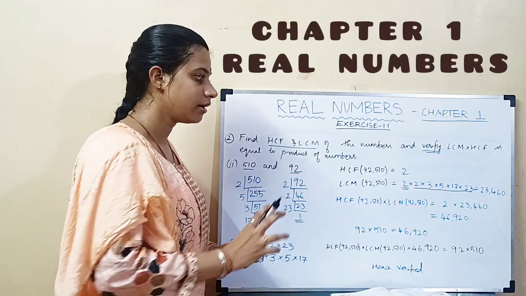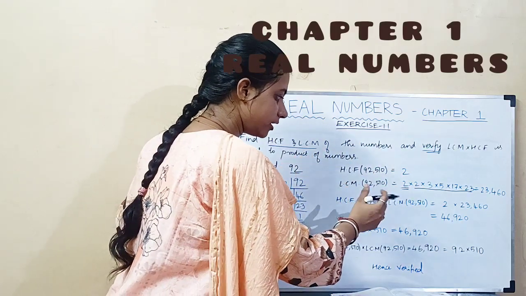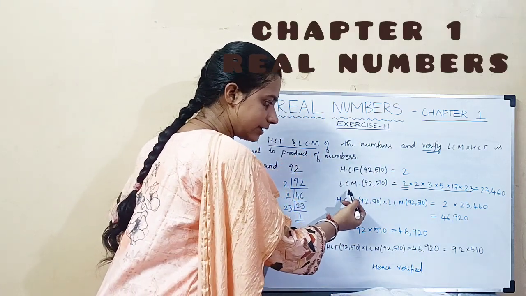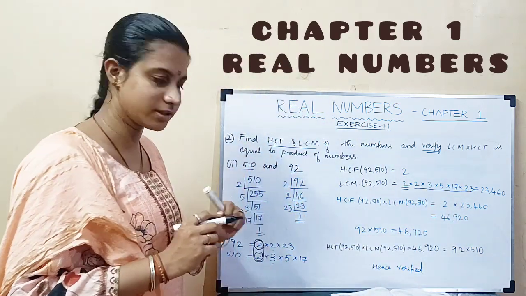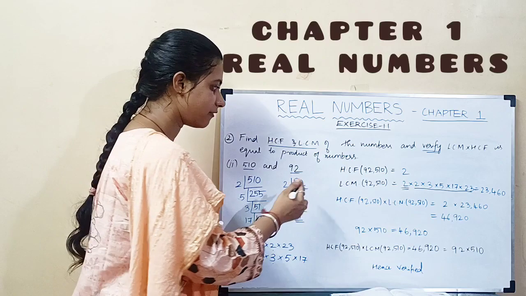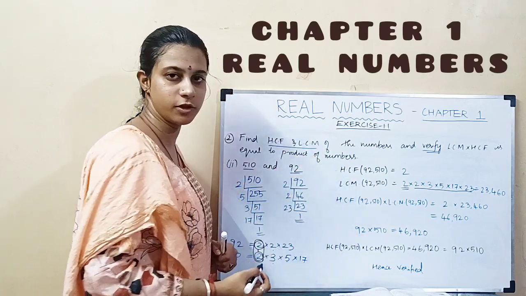Now we will take the product of this so that we can get the LCM of 92 and 510 as 23,460. Till this we have completed the first part of the problem.